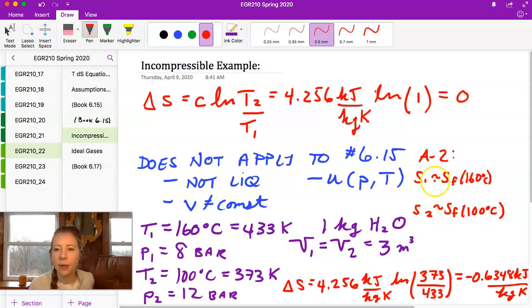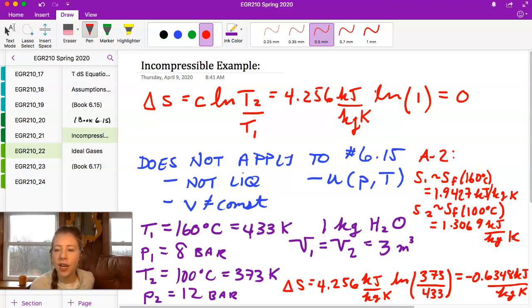And so looking these up in the tables, you'd get 1.9427 kilojoules per kilogram Kelvin at 160 degrees C. And in the tables, you'll get 1.3069 kilojoules per kilogram Kelvin.